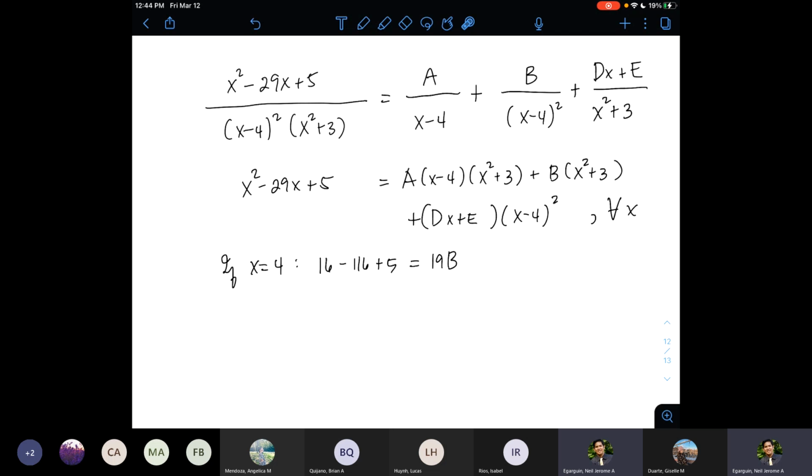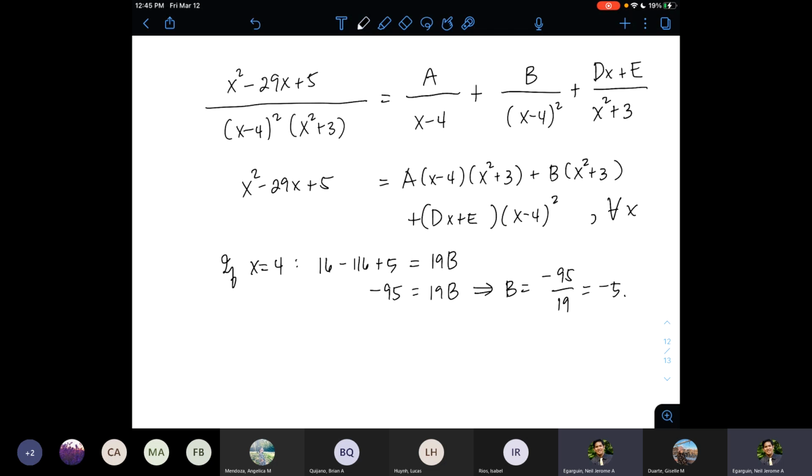And then the third term will become 0, so that entire thing will vanish. So we'll have this. And let's simplify the left. It's going to be negative 95 equals 19b, meaning b is negative 95 over 19, which is negative 5. Okay, that's the first value. B equals negative 5.